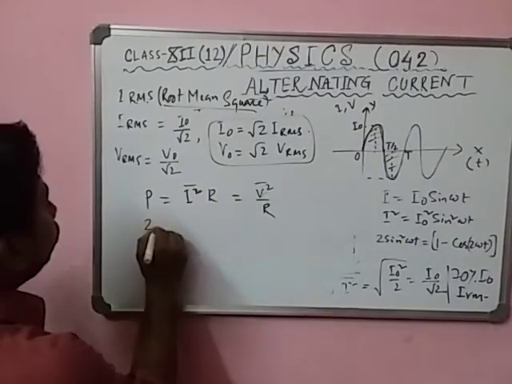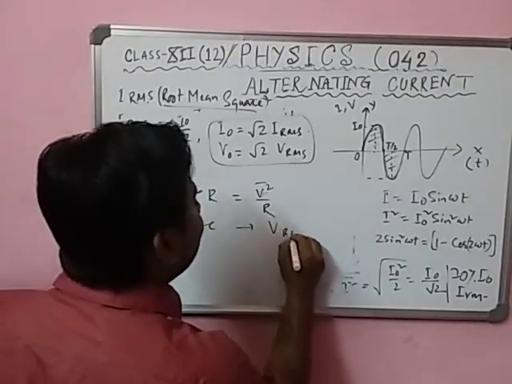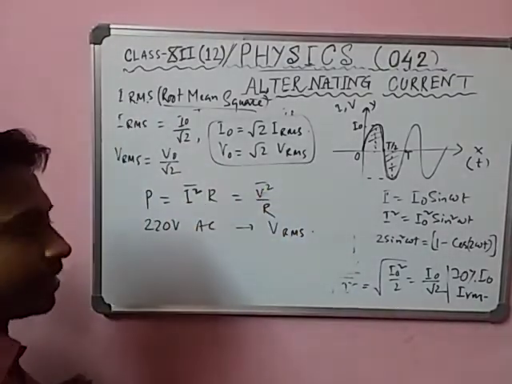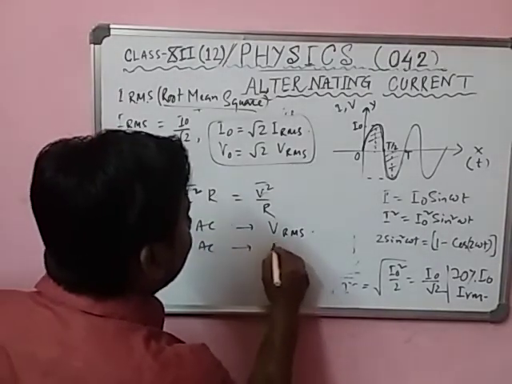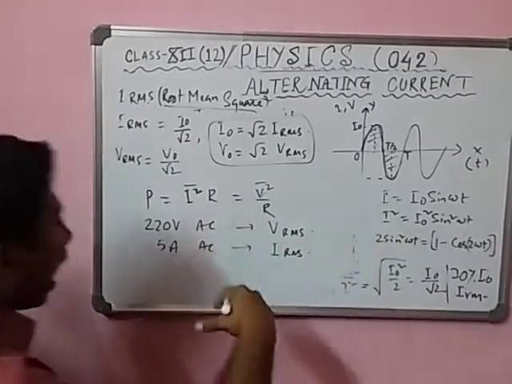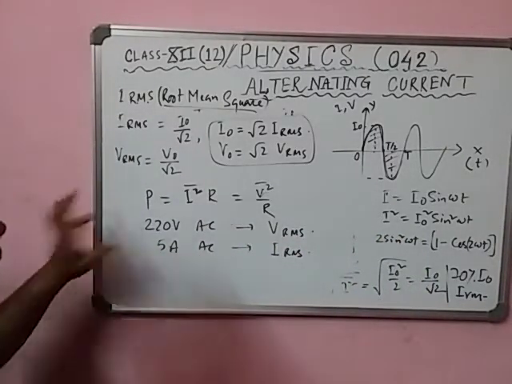So 220 volt AC means the RMS voltage read from the voltmeter, and 5 ampere AC means IRMS read from the ammeter. So this is the RMS value.